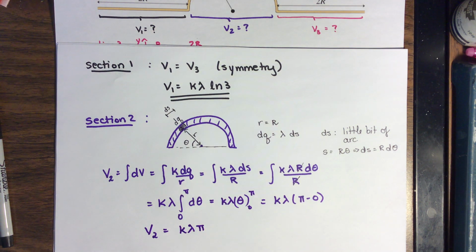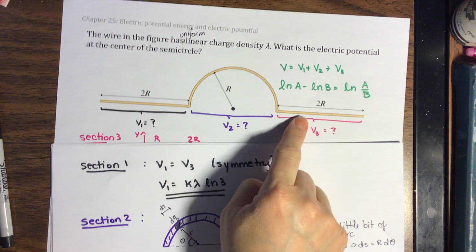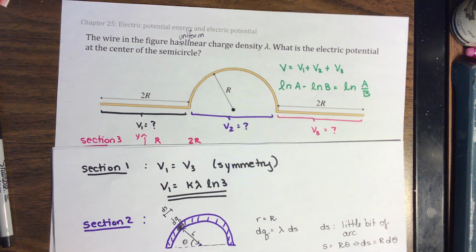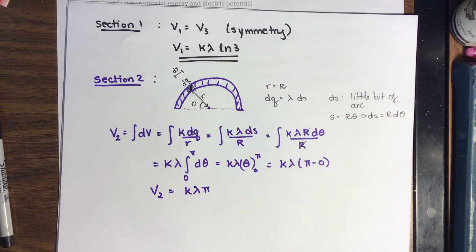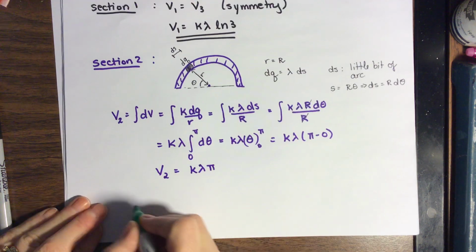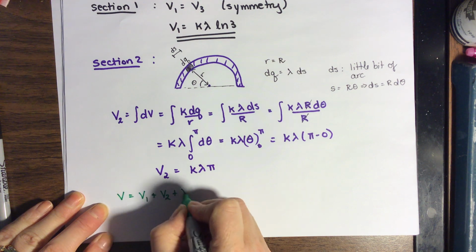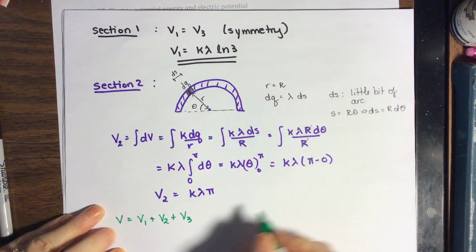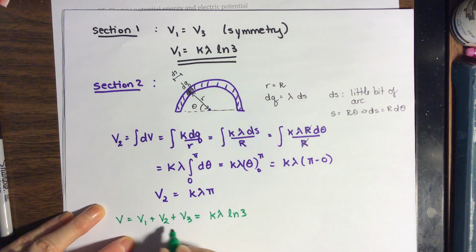Okay, so now what I have is my net potential due to each segment of the rod. I know this one, and this one. To find my total potential, I'm going to add them all up. V equals V1 plus V2 plus V3. V1 was the same as V3, k lambda natural log of 3.